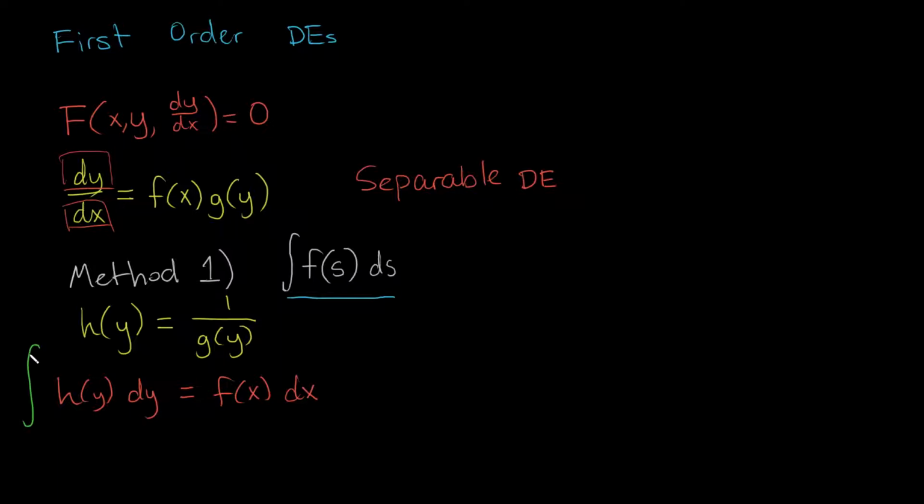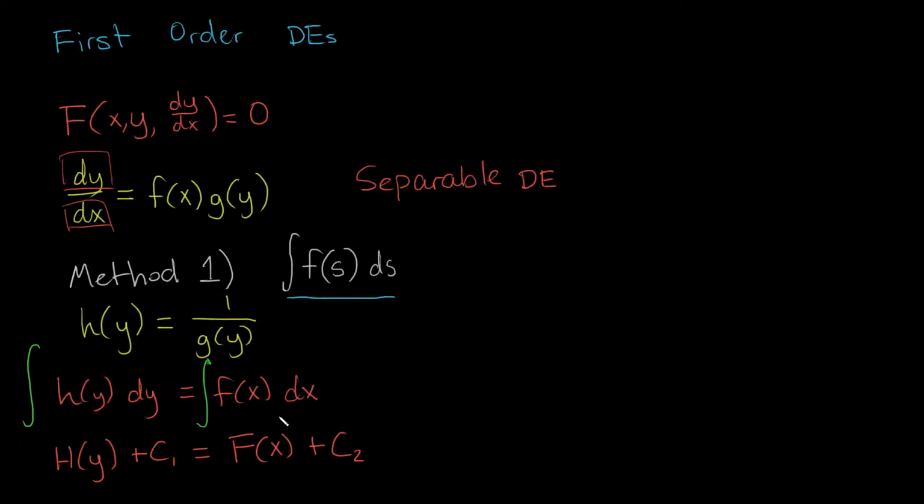If we take the integral of the left side, take the integral of the right side, we get some big H of y, which you can think of as being the antiderivative of h of y, plus some constant c1, equals big F of x plus some constant that we can call c2.